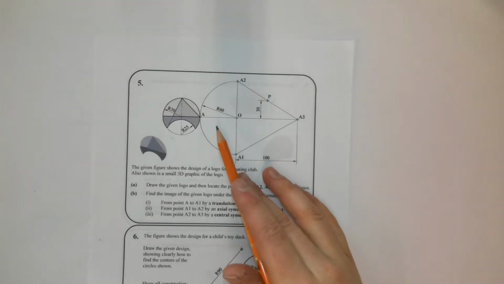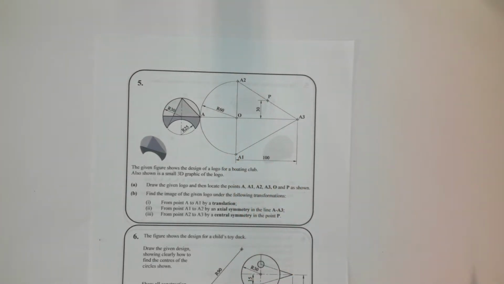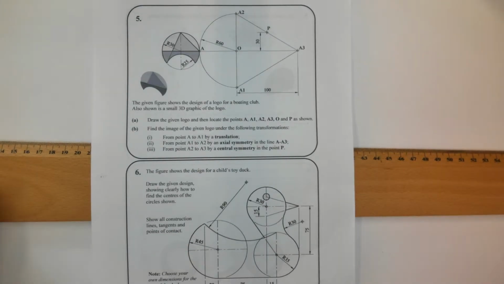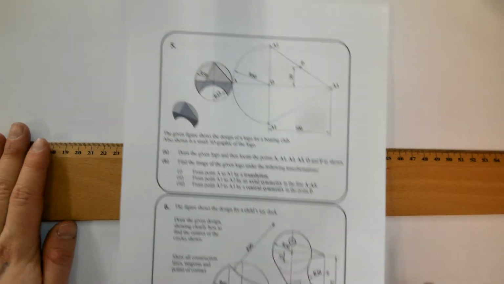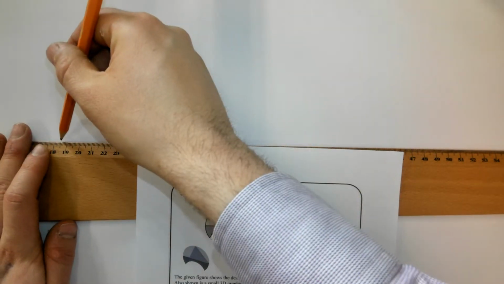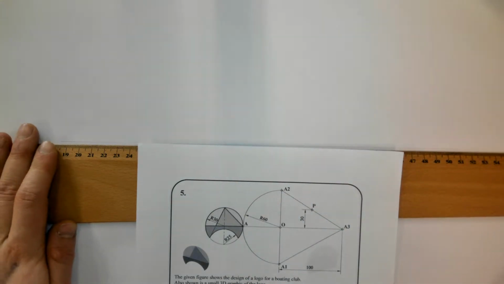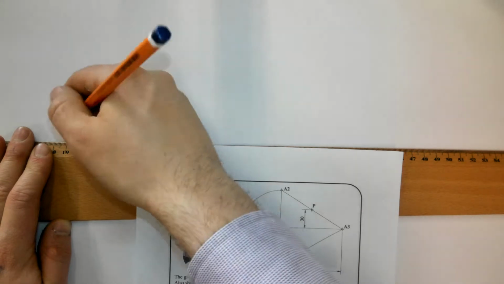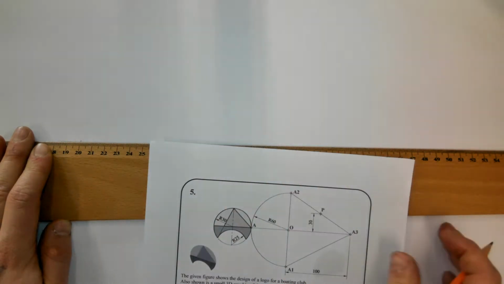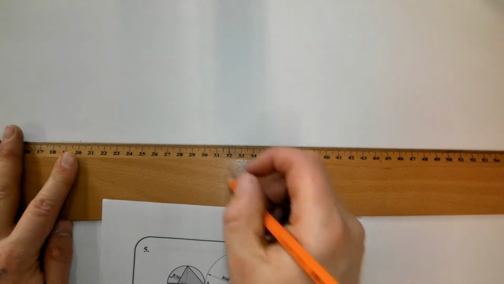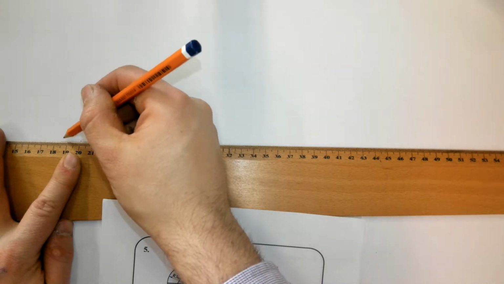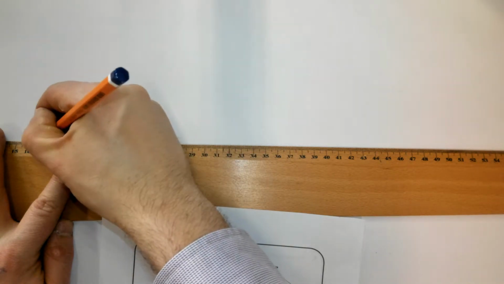Okay, so I need you to pay attention to the sizes of the logo in the question, alright? So I'm just going to draw a light line there in my page. It can be roughly in the middle if you want. Now I'm going to mark the center, and the radius is 30.